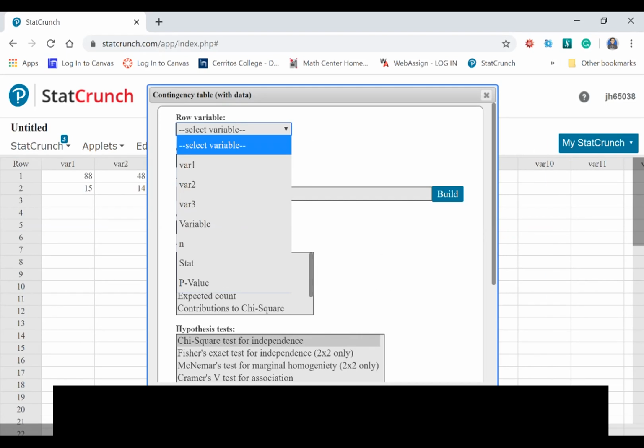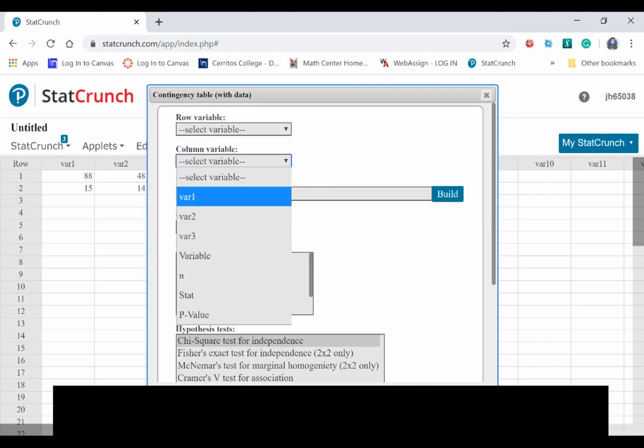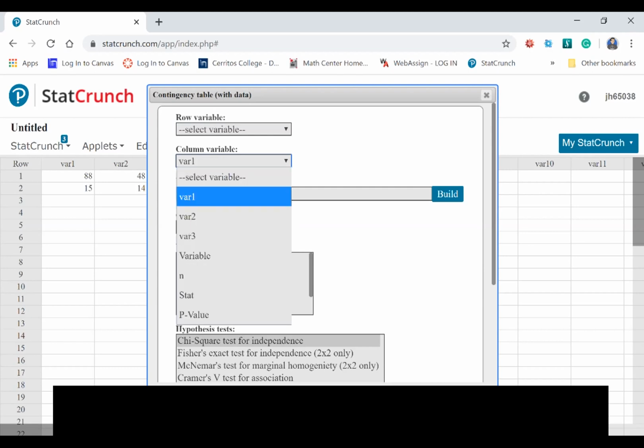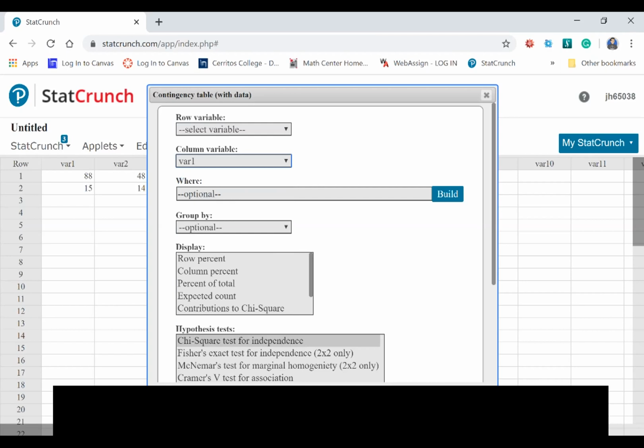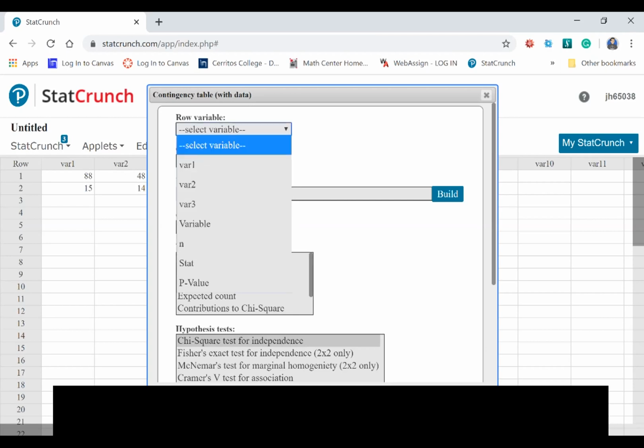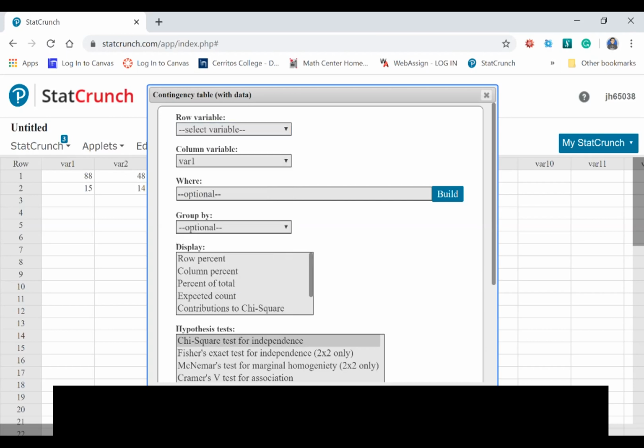Row variable. Okay, column variables. These are the columns. Shift. Oops. Shift. No, shift. Okay, so contingency table with data.